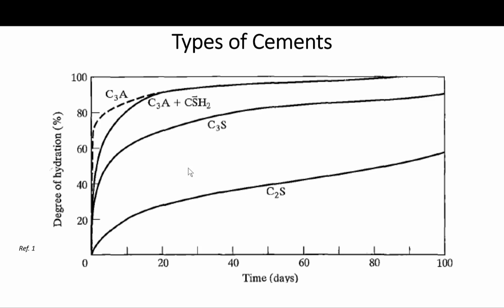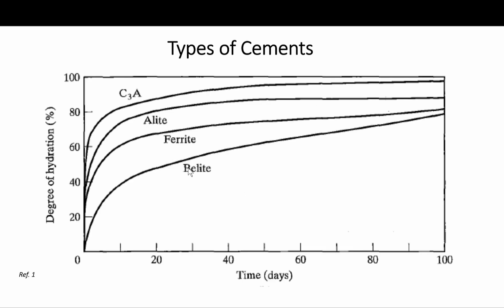If you compare it back to this figure right here, the reaction rate is increased when impurities are present. As I said, the actual rate of hydration depends on the particular cement and its composition. It has to be noted, though, that both C3A and C4AF react with gypsum as well as water during hydration of cement.